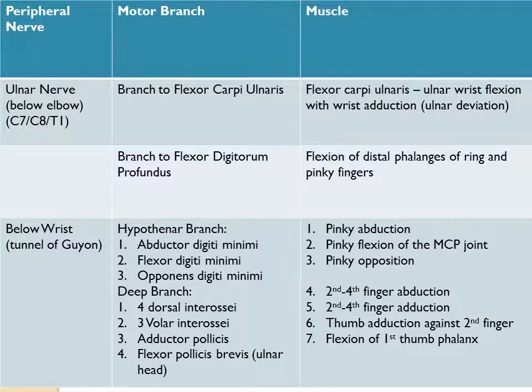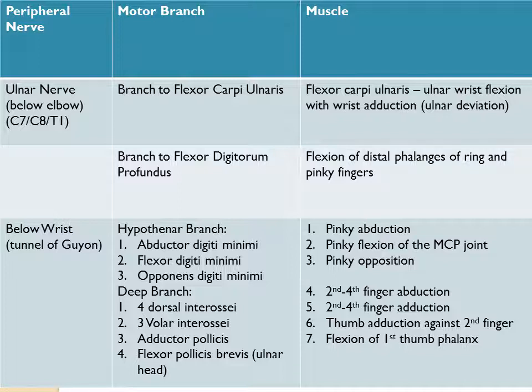Okay, so let's talk about this in a little more detail now. As the ulnar nerve continues down in the forearm and passes into the hand, in order to get into the hand, it passes through a little tunnel in the wrist known as the Tunnel of Guyon. We'll talk more about the Tunnel of Guyon in just a minute.